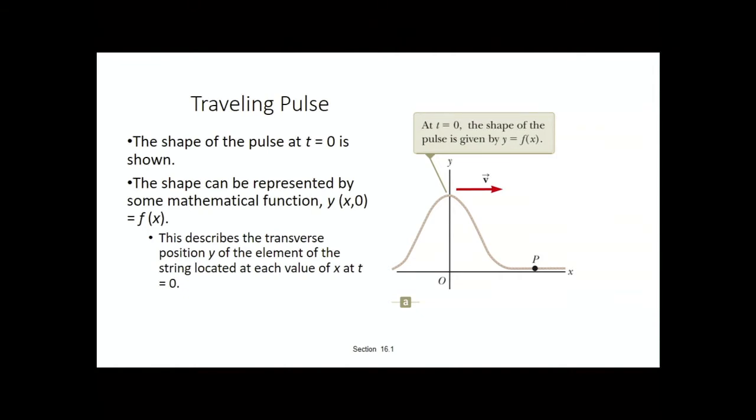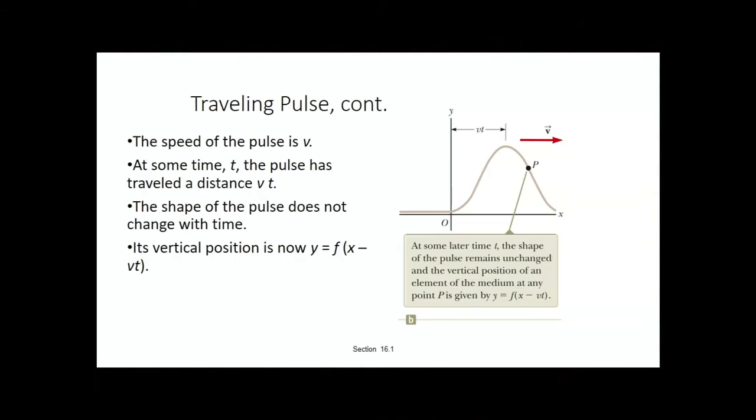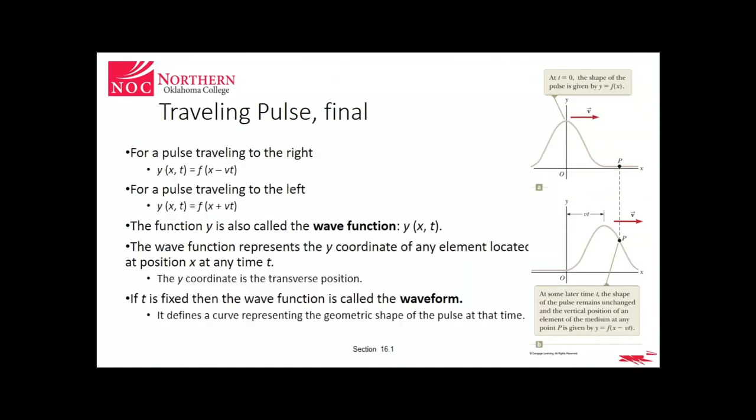If I do that, we can actually look at its vertical position in terms of x, where I'm at, and the velocity of the wave times time. So I can look at that in terms of my vertical position and time, and I can rewrite my wave equation just a little bit, and this gives us something that we call the wave function, which is going to give me both position and time.